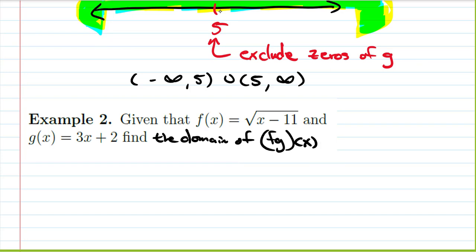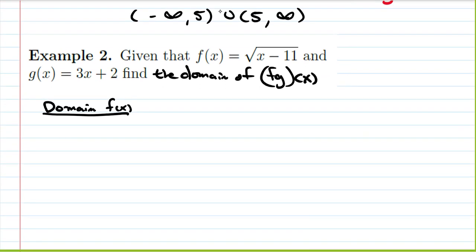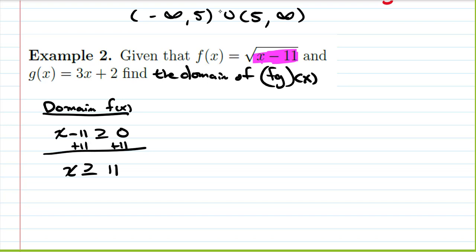We want to find the domain of f times g. So let's start with f. How do we find the domain of a radical function? Remember, we take the radicand and we make it greater than or equal to 0. So we add 11, and we get x has to be greater than or equal to 11.